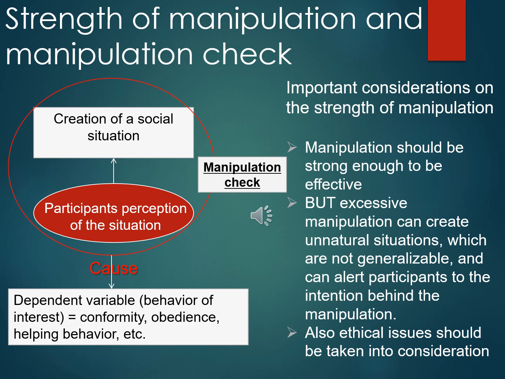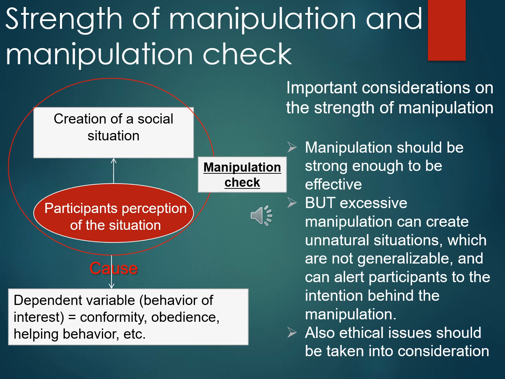Therefore, to ensure that the manipulation was actually experienced, you need to have a manipulation check. The purpose of the manipulation check is to examine whether or not the manipulation was experienced or perceived by a participant. This is separate from whether or not the manipulation actually produced an effect on the dependent variable. These are two separate issues.